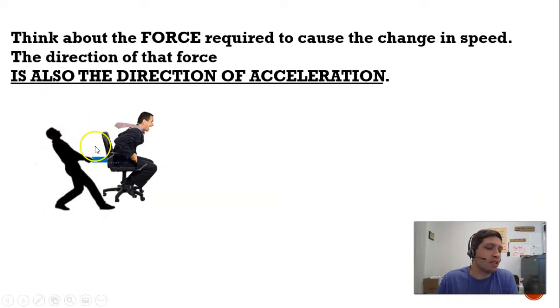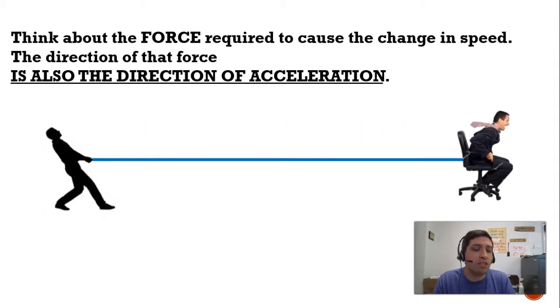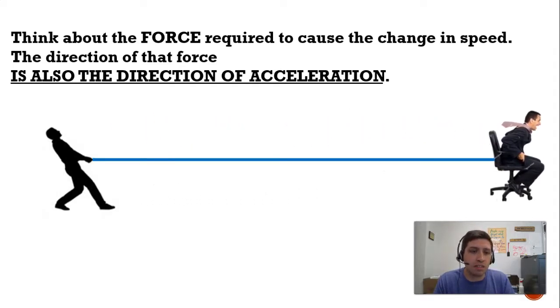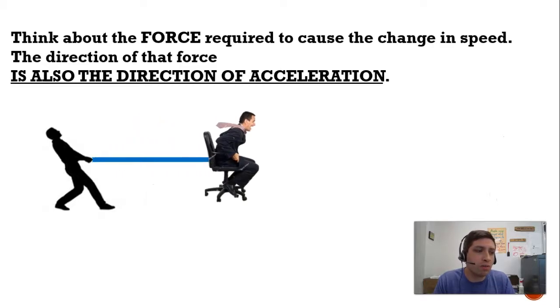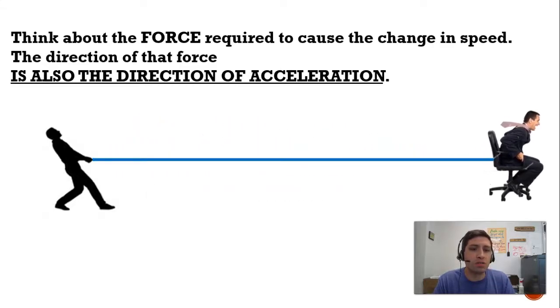We have a person on the left that has a big long bungee cord that's attached to that chair, and they're going to pull on that bungee cord to change the speed of the person in the chair. So in the first example, the person in the chair is already rolling to the right, and the bungee cord slows them down to a stop.